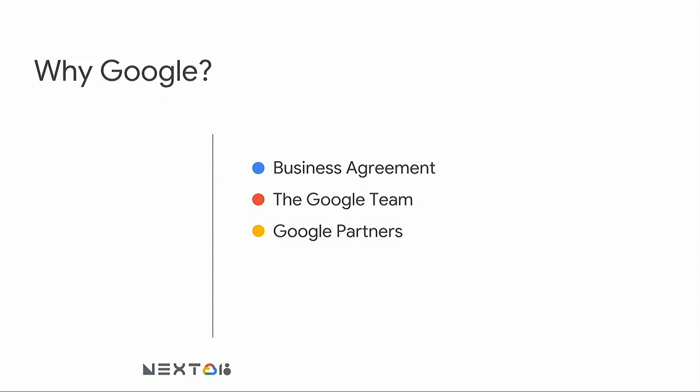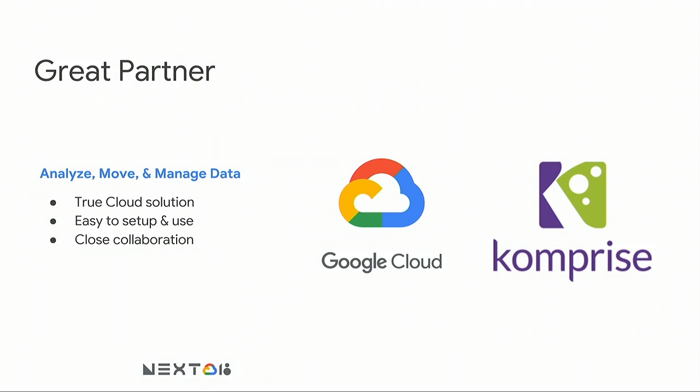Once we talked about it, we discovered that there was a particular Google partner that would potentially serve our purpose very well. I'd like to go into a little bit of detail about that particular partner. That was a company called Comprise. Comprise is a company and a software that allows you to analyze, move, and manage your data across all your disk volumes and, in fact, across object stores out in the cloud.